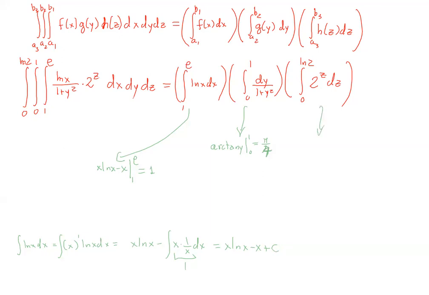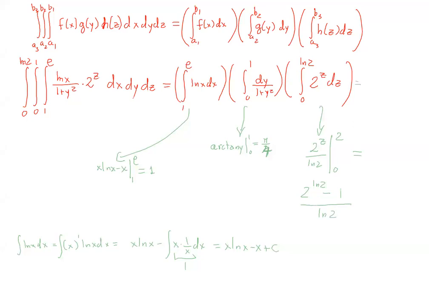Finally, for this one, the antiderivative is 2 to the z over ln 2. And you have to go from 0 to 2. But with ln 2, you're going to get a pretty weird number. And we shouldn't shy away from this weird number: 2 to the ln 2 minus 2 to the 0, which is 1, divided by ln 2.